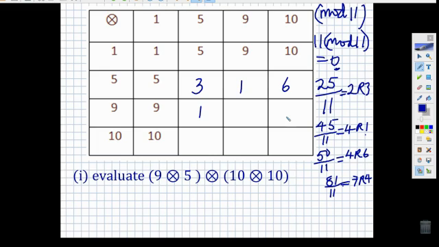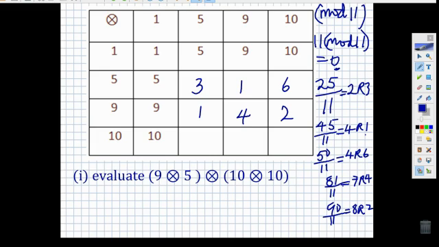So we have 4 here. Next, 9 times 10, which is 90. 90 divided by 11 is 8, remainder 2. So we have 2 here.